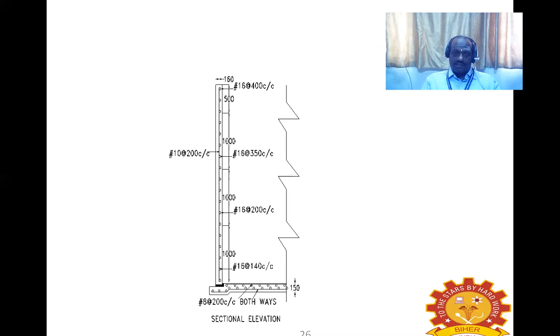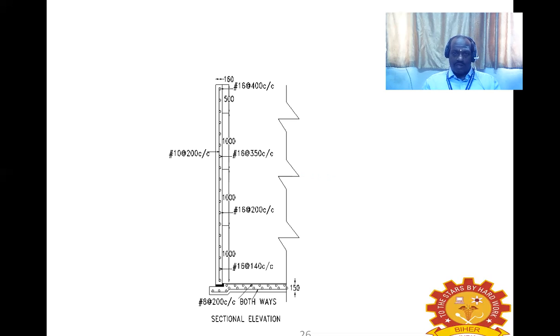The thickness of the wall is less than 225 mm, so the reinforcement can be placed at the center of the thickness of the wall. If it is exceeding 225 mm, then only we have to go with two layers, one near the surface of the water and one away from the water surface. We have to give two layers of hoop bars.